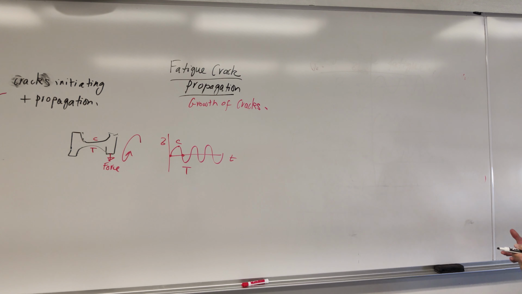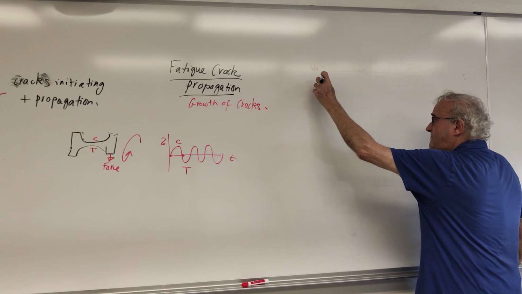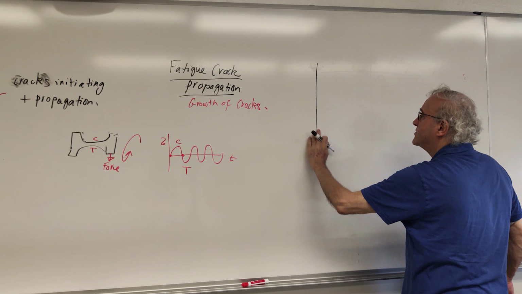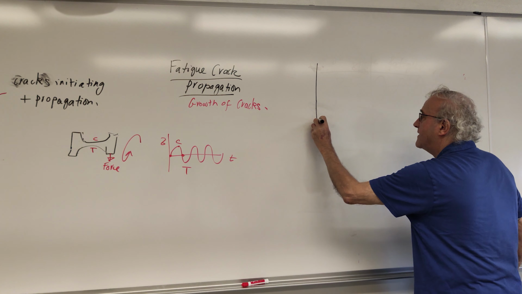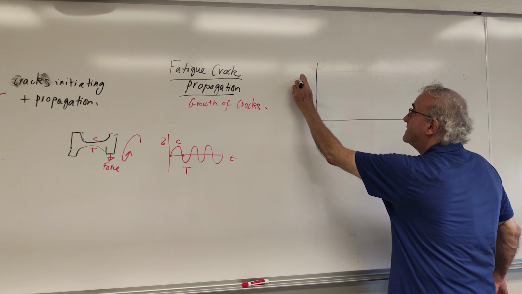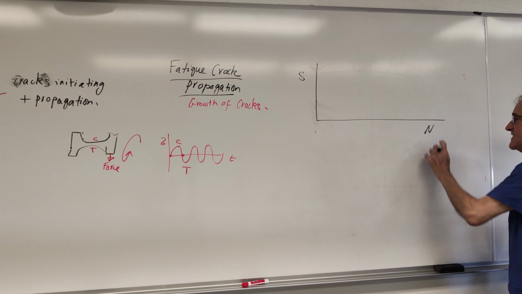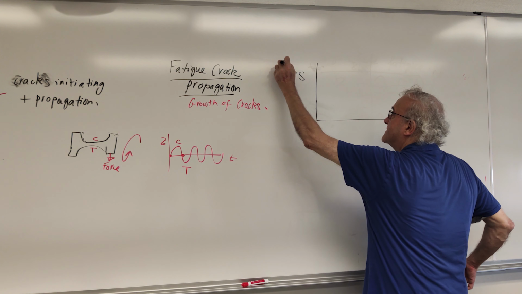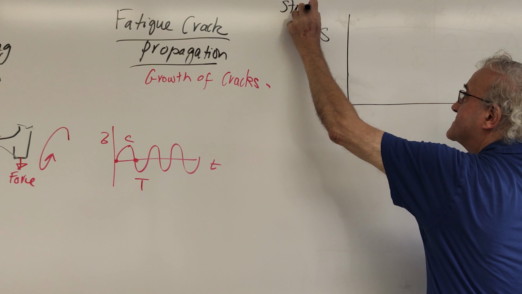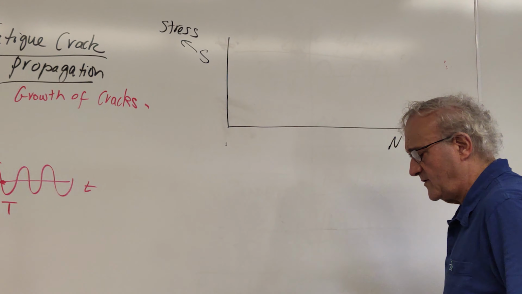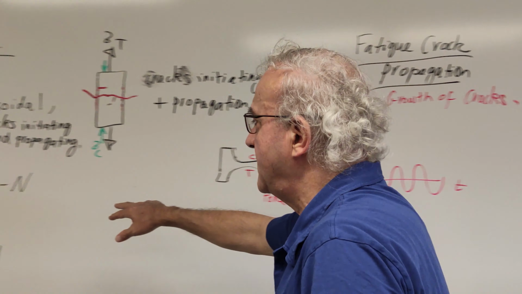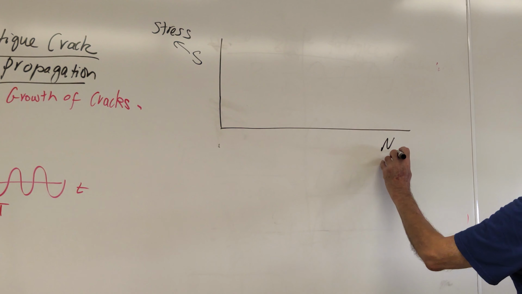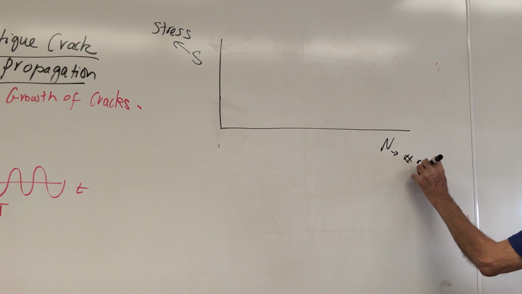Typically what we do is, let's say I would like to make a curve, which we're going to call the S-N curve. What is that S-N curve? S means stress. I know sometimes I call it sigma, but because typically in the literature they like to call it S-N, I'm going to keep it as S. And N is the number of cycles to failure.